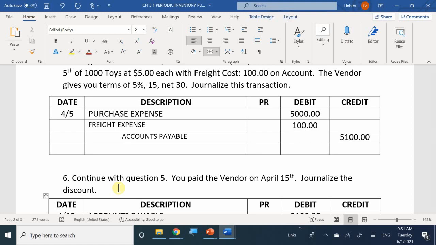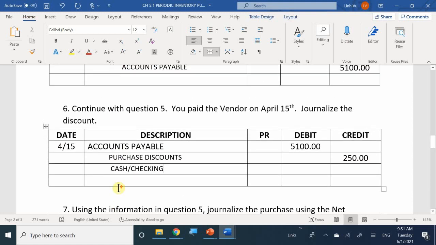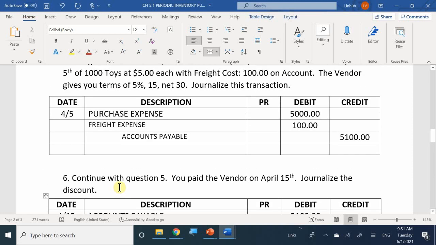Right. But when we're journaling this, the freight charge should be included in the itemization of the journal, correct? So that they know that the 5% is being applied to the 5,000 and not the total amount. But once the check is issued, it still comes out with the total amount. You follow what I'm saying?